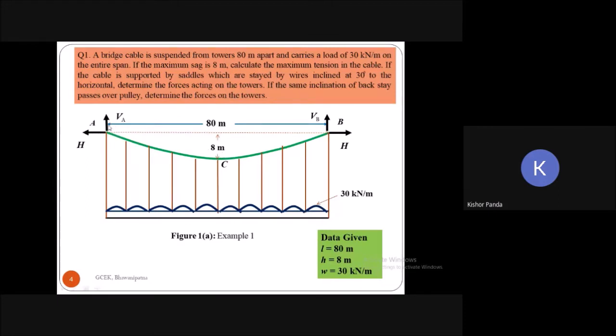Due to the vertical reaction at A, the moment about C is VA into 40 meters. Then due to the UDL, what is the moment about C? The UDL is present over this half portion, which is 40 meters. W is given as 30 kilonewton per meter, so 30 into 40 into the central distance, which is 20 meters.